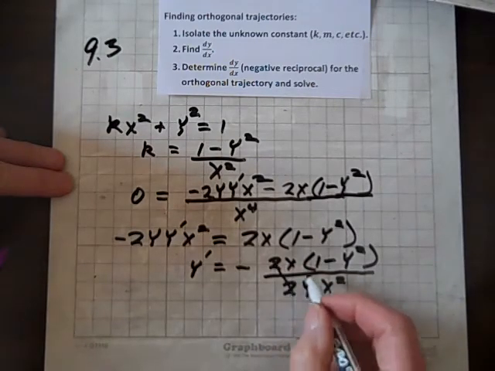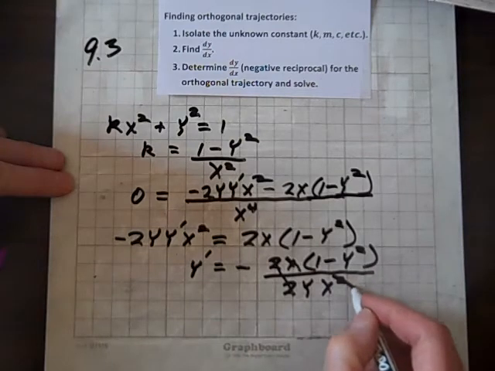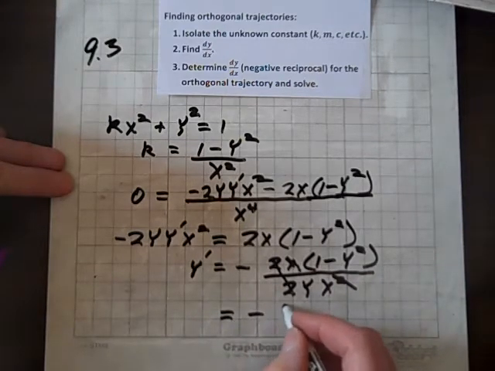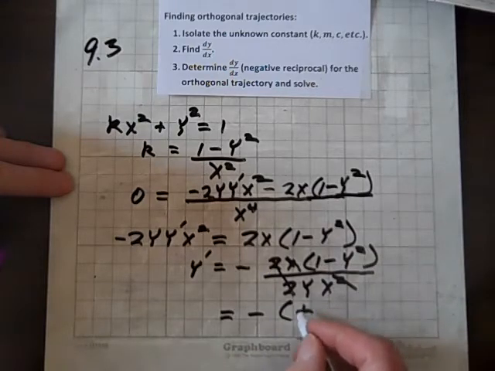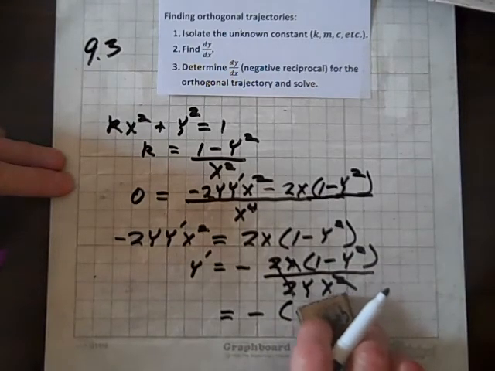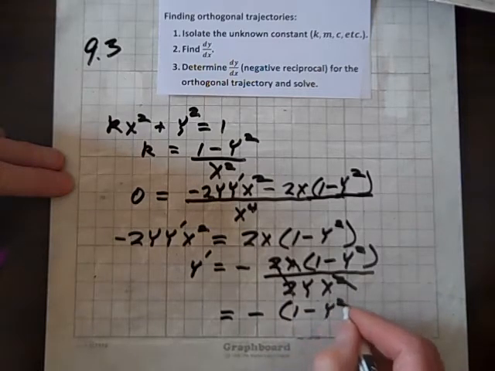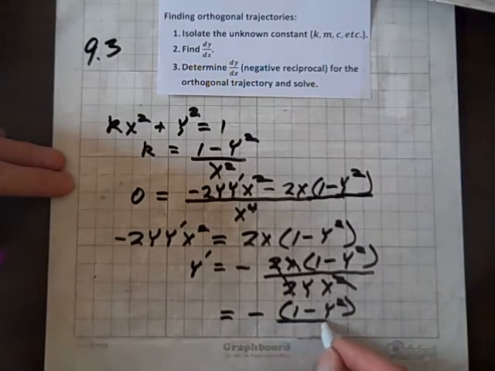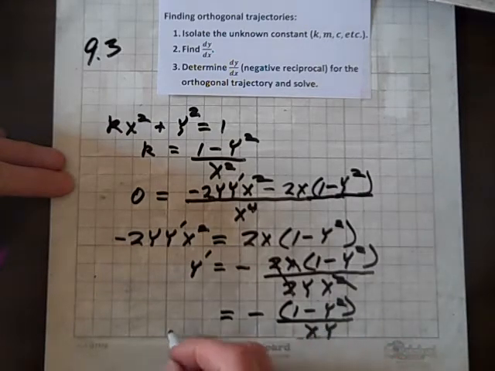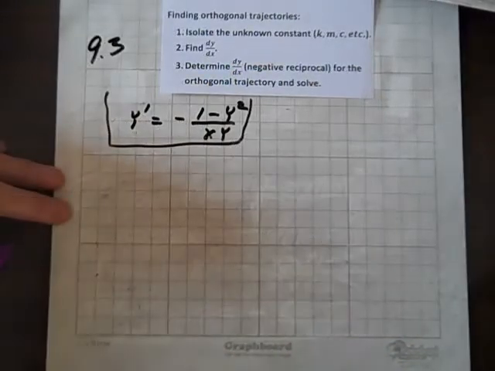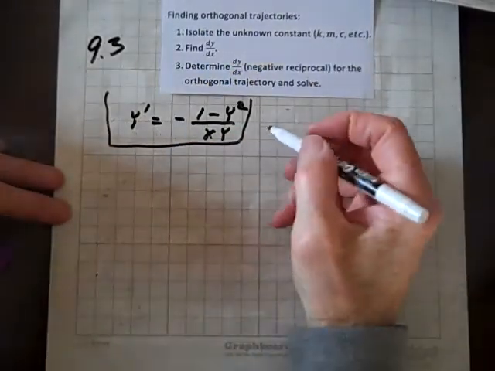Now the 2's divide out, and one of the factors of x divides out, and we get minus 1 minus y squared over xy. And so we just determined what y prime is.